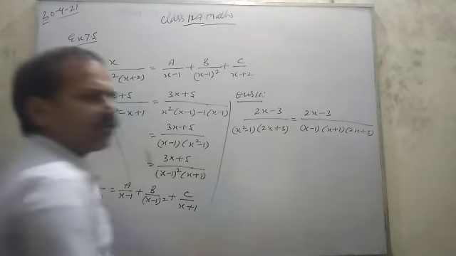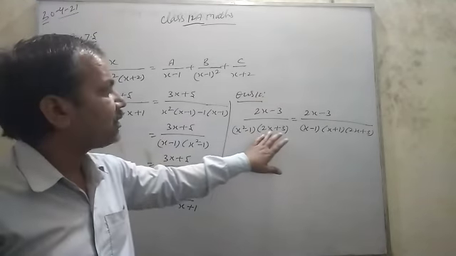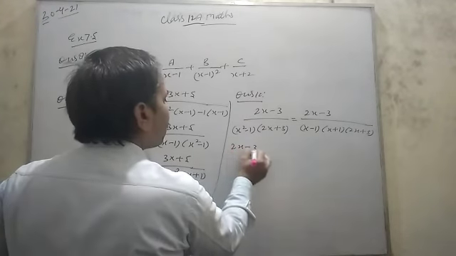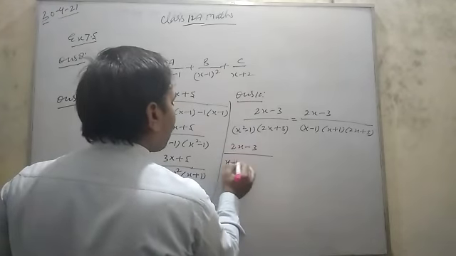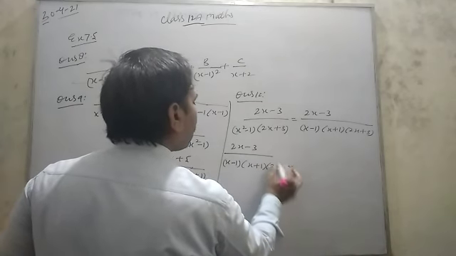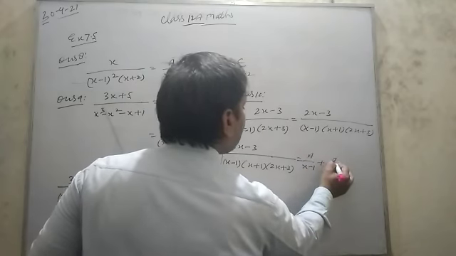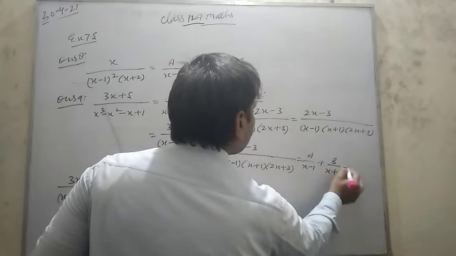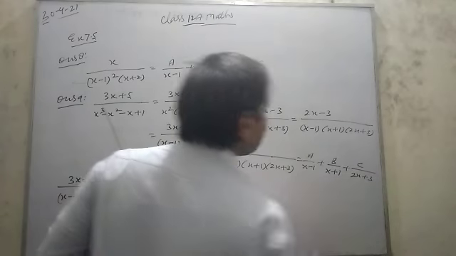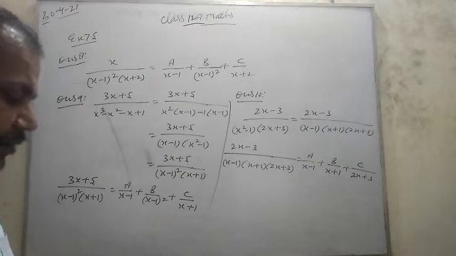Or directly also you can write, no problem. Ax plus b upon x square minus 1 plus c upon like that also, or like this. So a upon x minus 1 plus b upon x plus 1 plus c upon this. Take LCM and simplify.